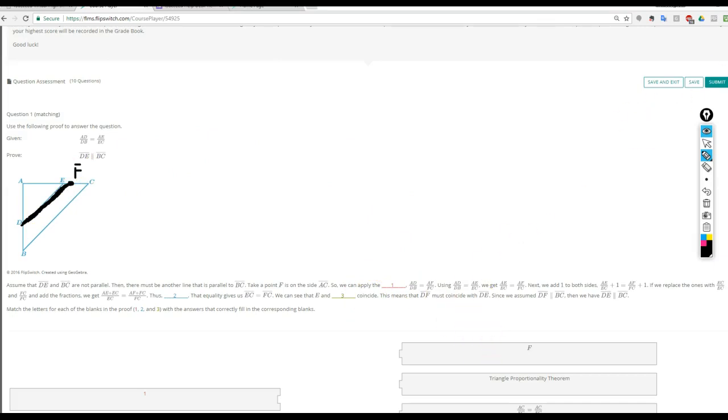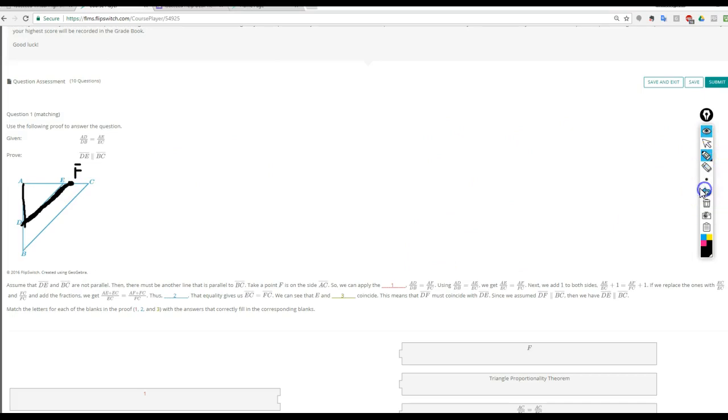And so we can apply the triangle proportionality theorem. If it is parallel, that means that segment A to D divided by DB splits those sides proportionally, and would be equal to A to F and F to C. So that's what the triangle proportionality theorem is.